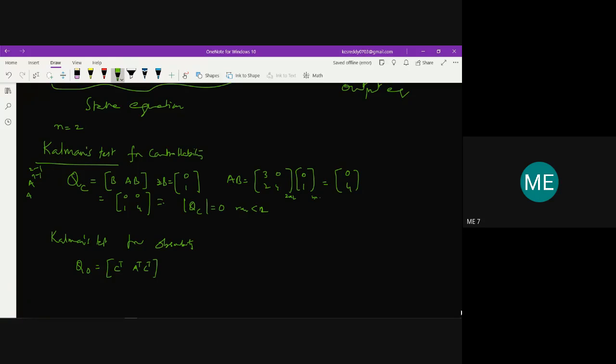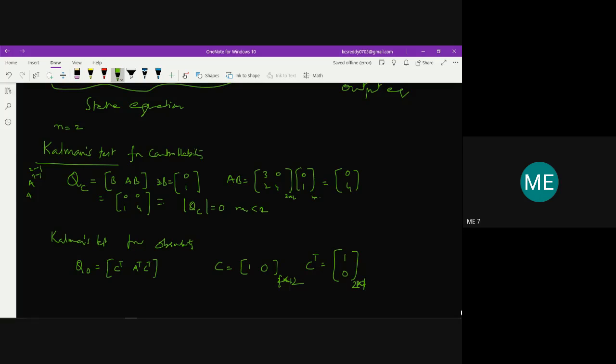Only two elements are there. C is given from the output equation as 1, 0. Then C transpose will become 1, 0 as a column. So 1 by 2 will become 2 by 1.